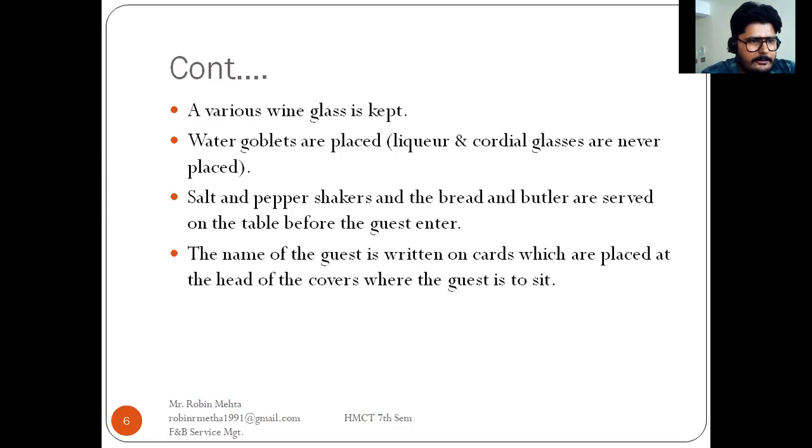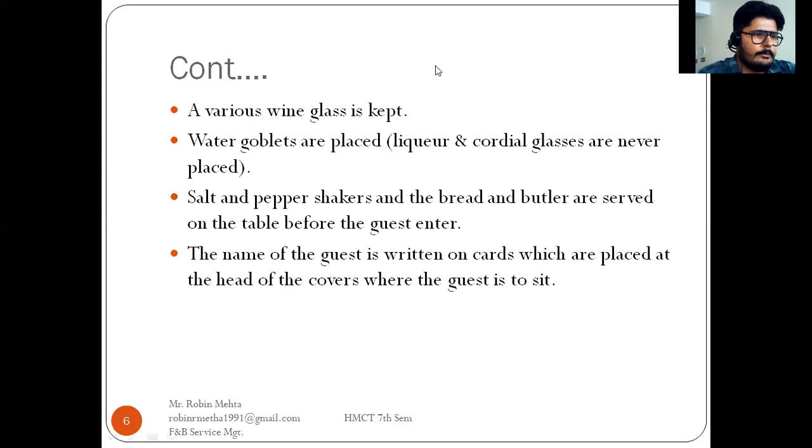Salt and pepper shakers and the bread and butter are served on the table before the guest enters. Like I already told you, ABC: ashtray, budwa, cruet set. Ashtrays we don't prefer nowadays, because most hotels are non-smoking. Only those hotels that allow smoking prefer ashtrays.